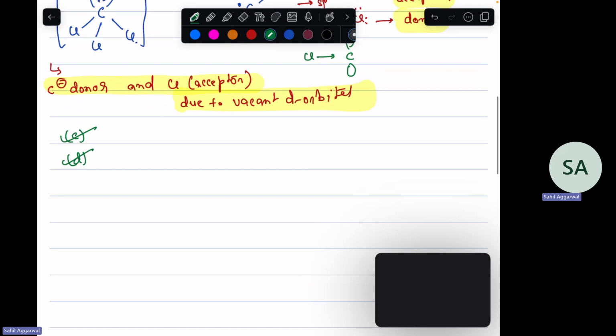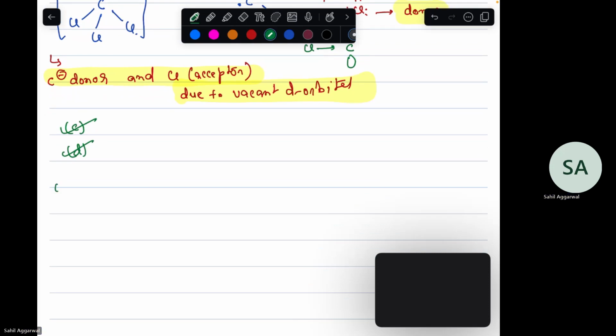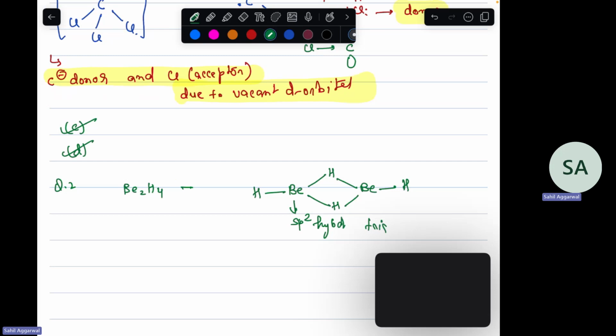Which of the following statements is correct for B2H4? B2H4 would be like this. This would be sp2 hybridized, that means trigonal planar.